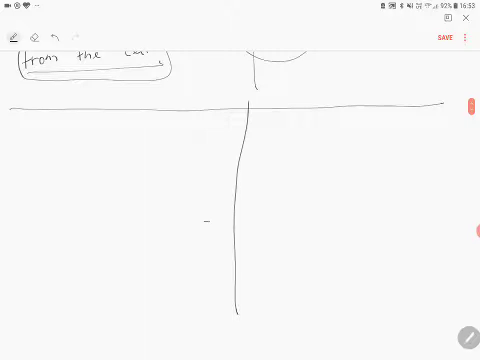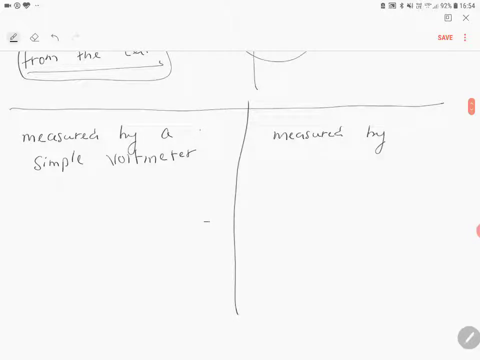Potential difference can be measured by a simple voltmeter, whereas EMF can be measured by the potentiometric method only. So what is the meaning of this potentiometric method?